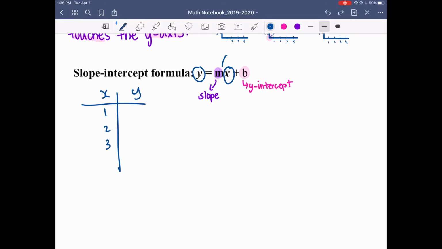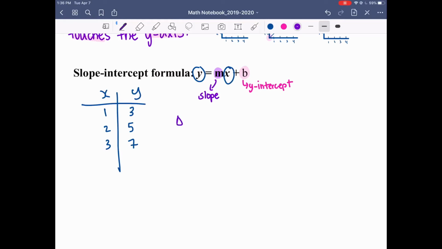So, for example, if we have a table of values like this, where x is 1, 2, and 3, and then y is 3, 5, and 7.